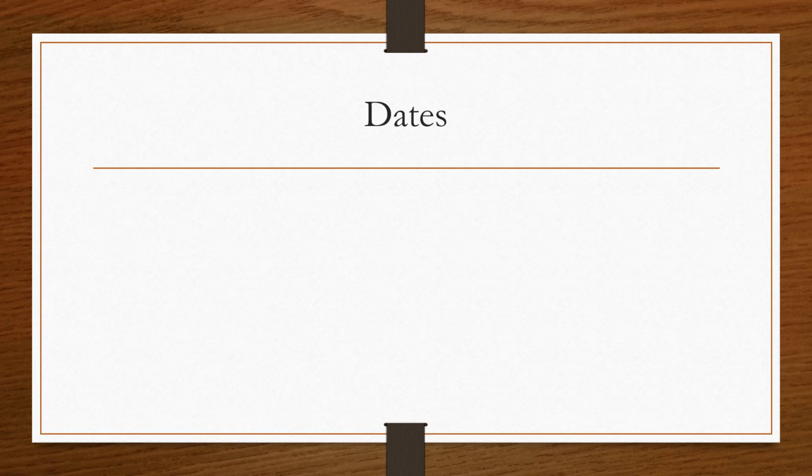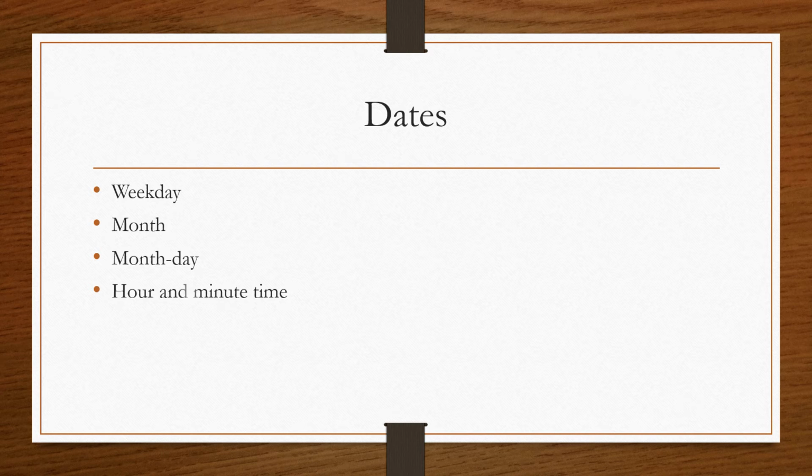Okay, so in addition to time, we also have dates to talk about and weekdays. All together, we can put them into a sentence to be very specific with what time and day it is. Okay, so we've got to think about weekday, month, month day, hour and minute time.